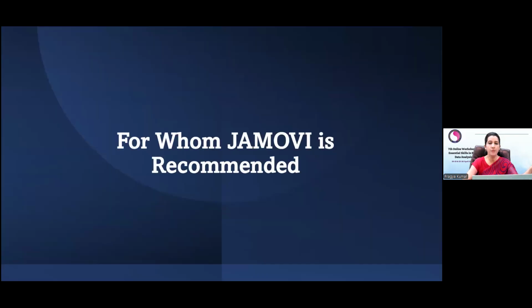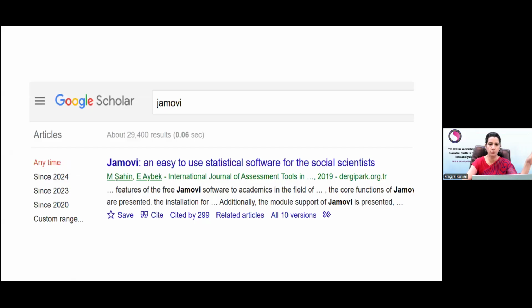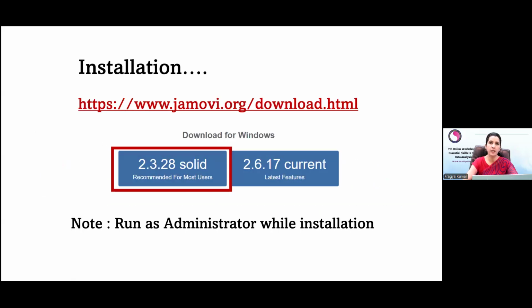So for whom is JAMOVI recommended? One very blanket sentence: all researchers who want to do analysis on a data set can do it on JAMOVI. Again, I will show you, there are two types of JAMOVI. If you just search JAMOVI on Google, you will see two download options.